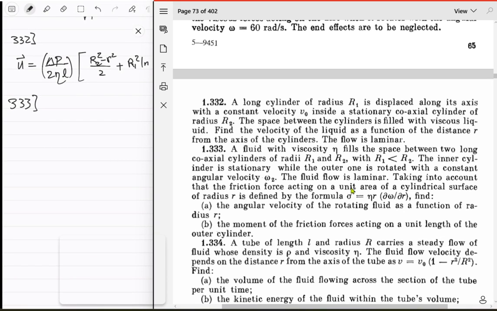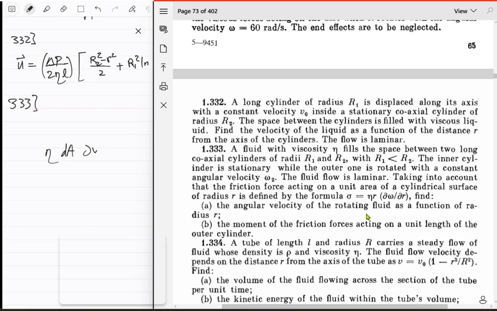So let's try to think about it. First of all, is this formula correct or what? Eta r partial omega upon partial r, you are saying, right? So I think this formula is like, what was the thing? Eta, then you want the area of the element, okay.